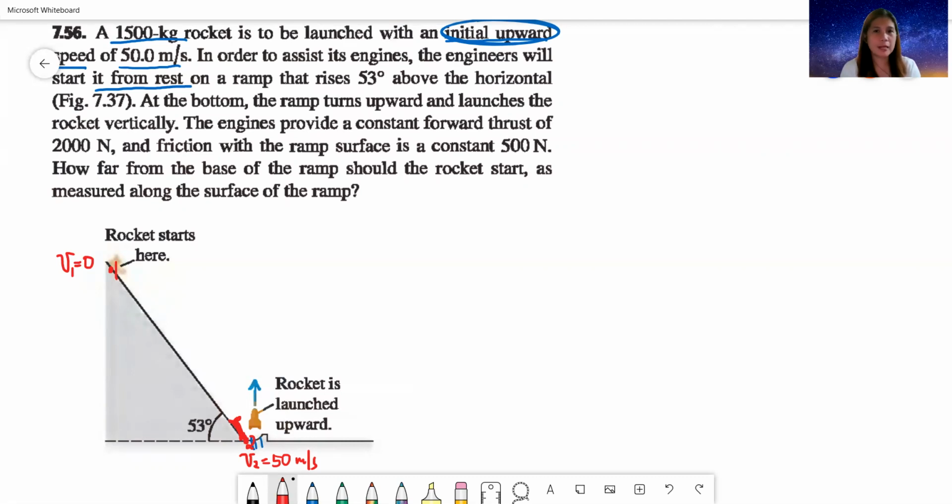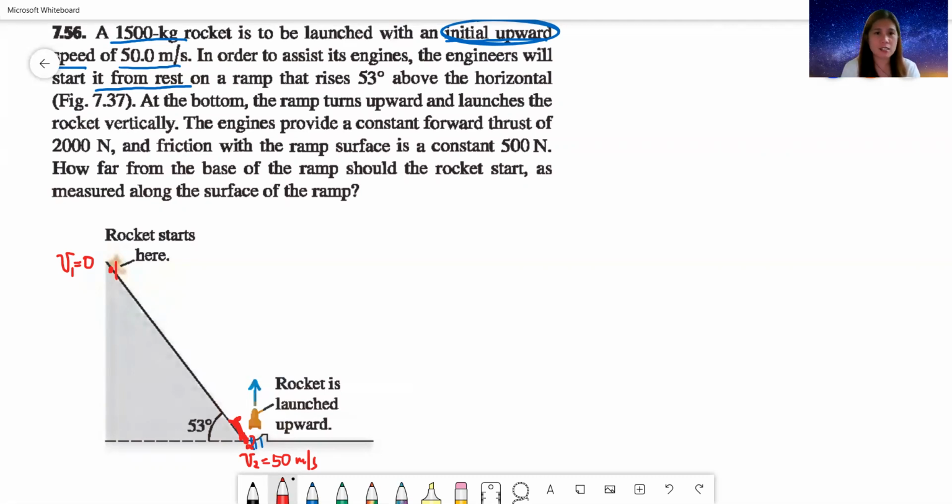At the bottom of the ramp, it turns upward and launches vertically. Thus, the engine provides a constant forward thrust of 2,000. So from when the rocket was released at point 1, its engines can provide an additional 2,000 Newton forward force.